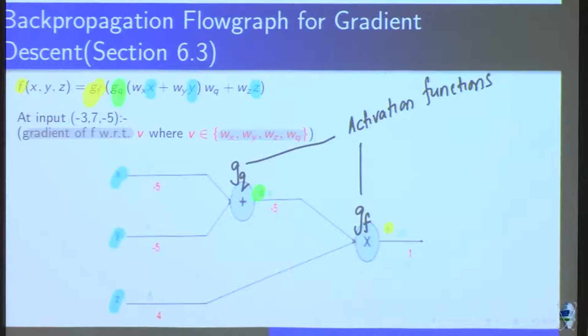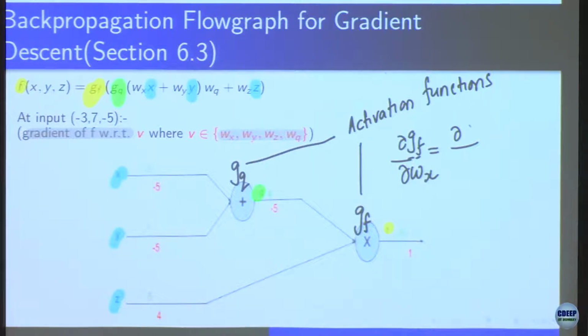So what do you know of? You heard of chain rule, right? So in this general setting, if I want the partial derivative of f with respect to wx, then what would I write this as? If you want, instead of f you write it as gf, that's also fine because f is characterized by this activation function gf.